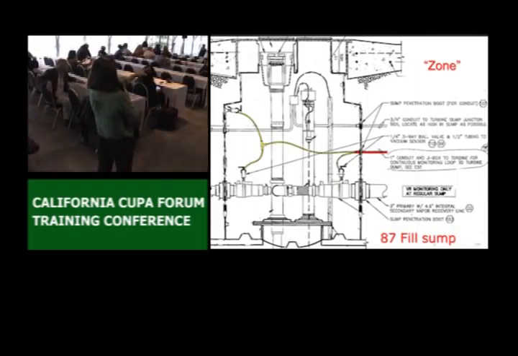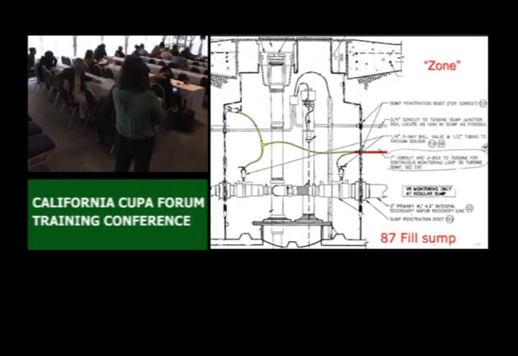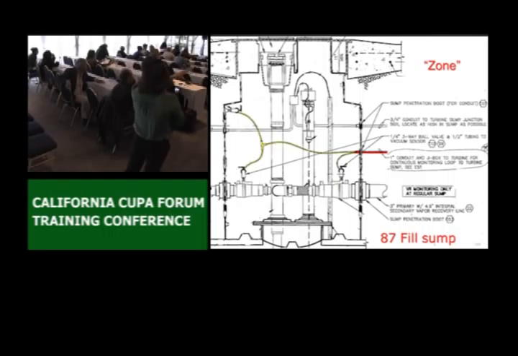So in this case, you have your interstice from your fill sump, and then you can't read it there, but this is the vent line.